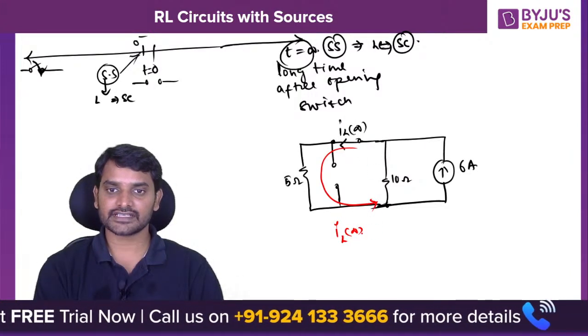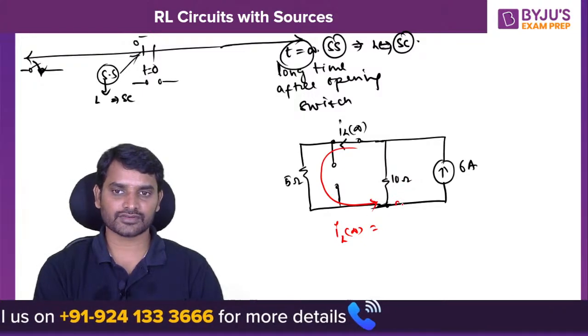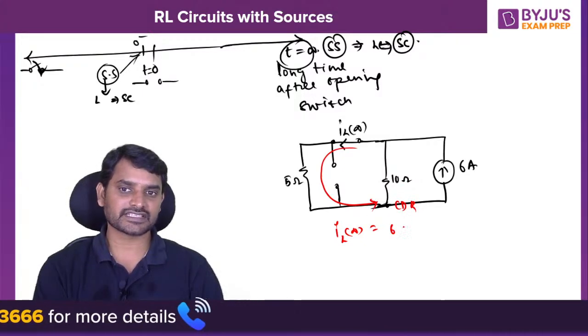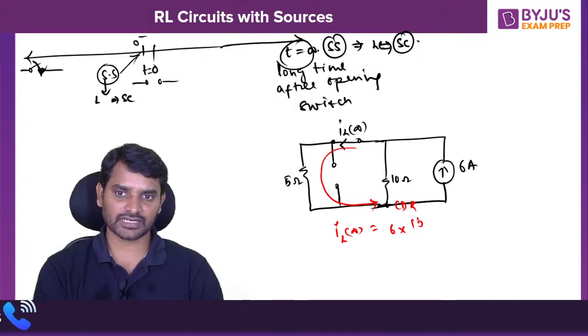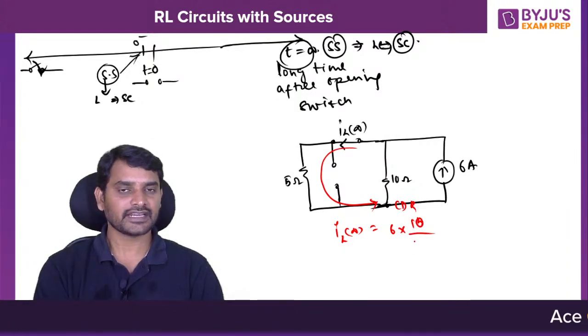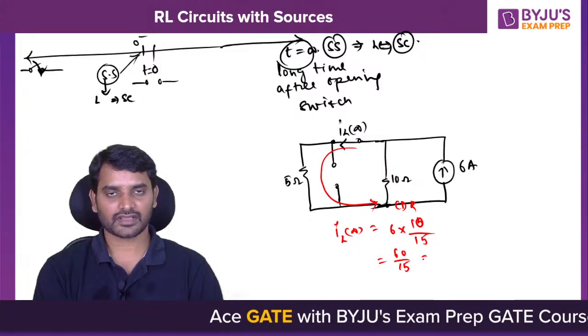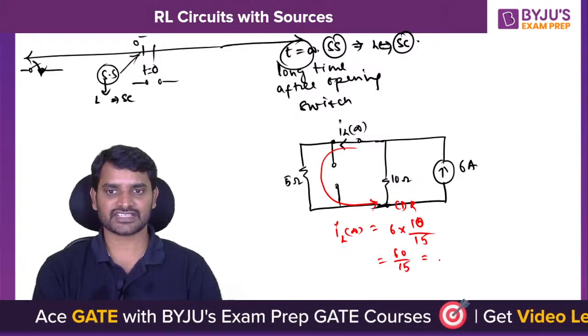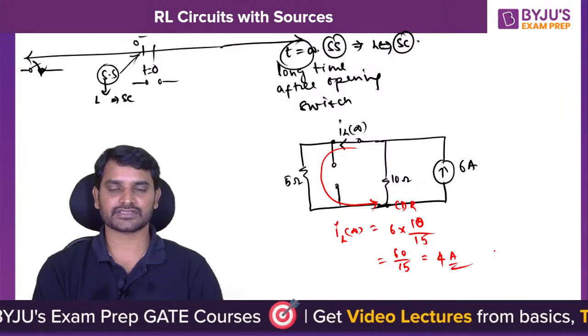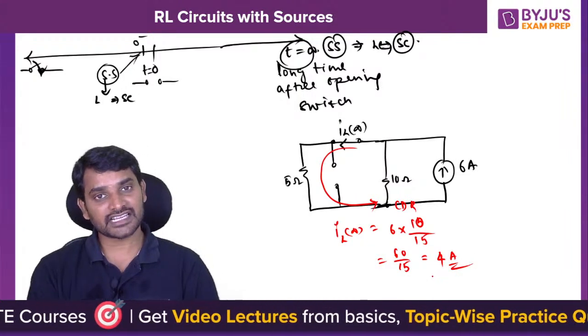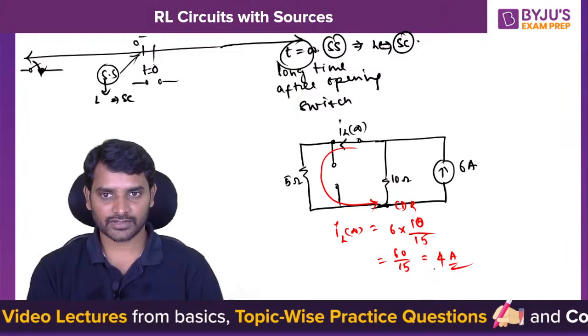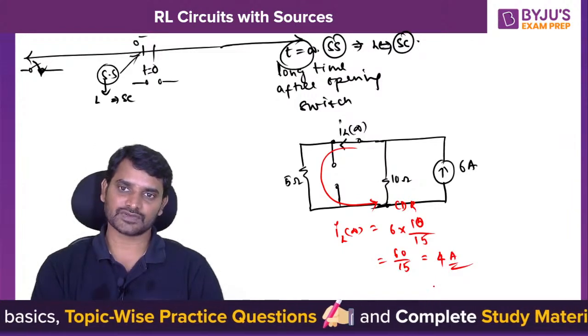IL of infinity, use the current division rule: 6 into the opposite resistance divided by the total resistance. 6 into 10 divided by 10 plus 5, 15. So 60 by 15, 15 fours are 60, so you will get it as 4 amperes. So this is the steady state current, or the final value current, after opening the switch.